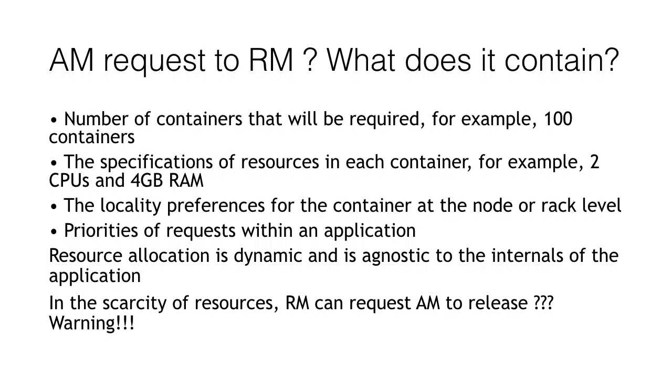So in the scarcity of resources, the other way is also possible. RM can request AM to release. So the resource manager can say to the application master to release some of the resources because it's running out of resources, right? For example, it gives a warning before it sweeps away some of the resources that are being used by AM.